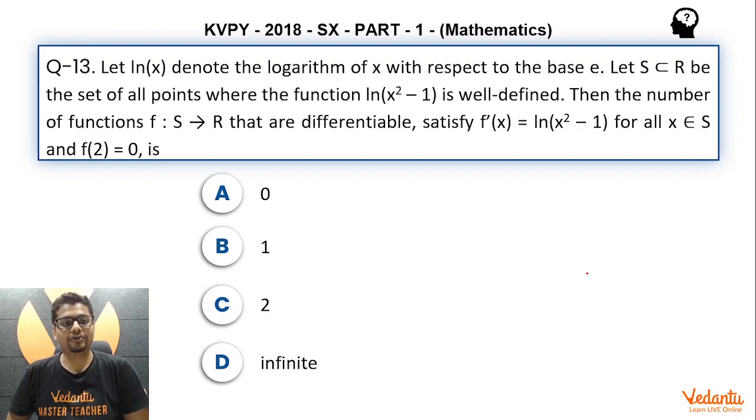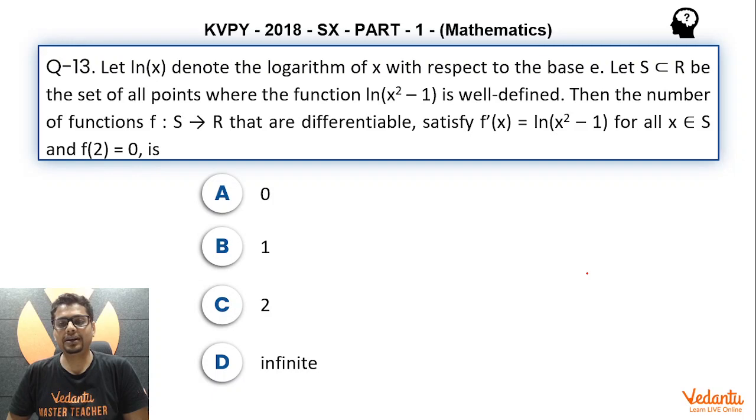Then the number of functions f having domain the set S and codomain all real values, that are differentiable and satisfy f prime x equal to ln(x square minus 1) for all values of x belonging to the set S, and f of 2 equal to 0, is.